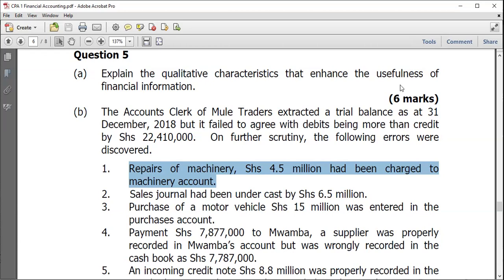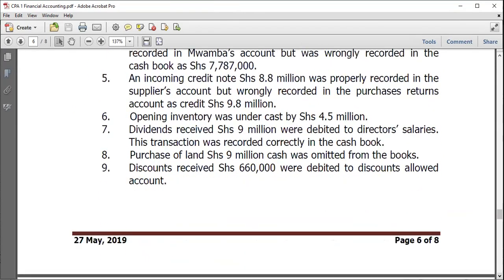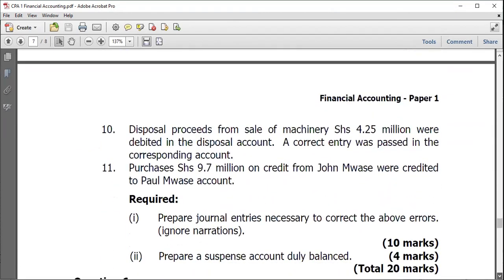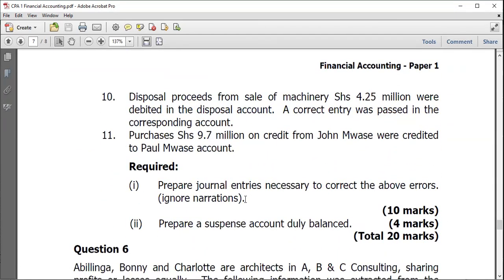Now, when you move down, it's good for you to also know what the question is requiring us to do. The question was requiring us to prepare journal entries necessary to correct the above errors. And then also they're asking us to prepare a suspense account that is fully and duly balanced off.